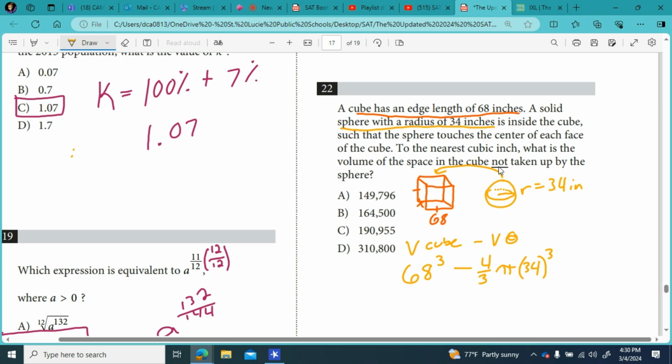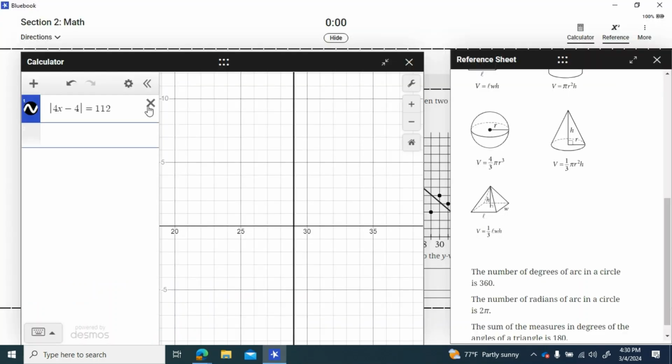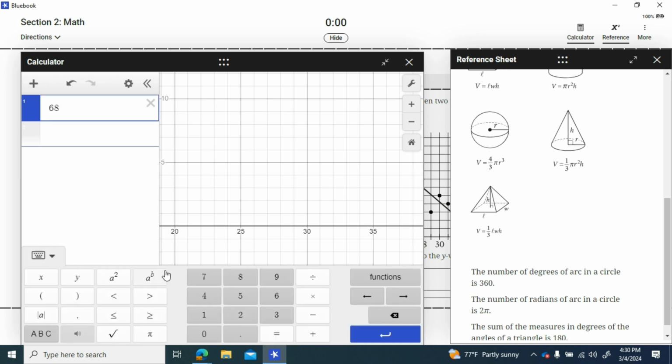And now I can put this right in my calculator. 68 to the power of 3, 68 cubed. The volume of my cube, take away the volume of my sphere.